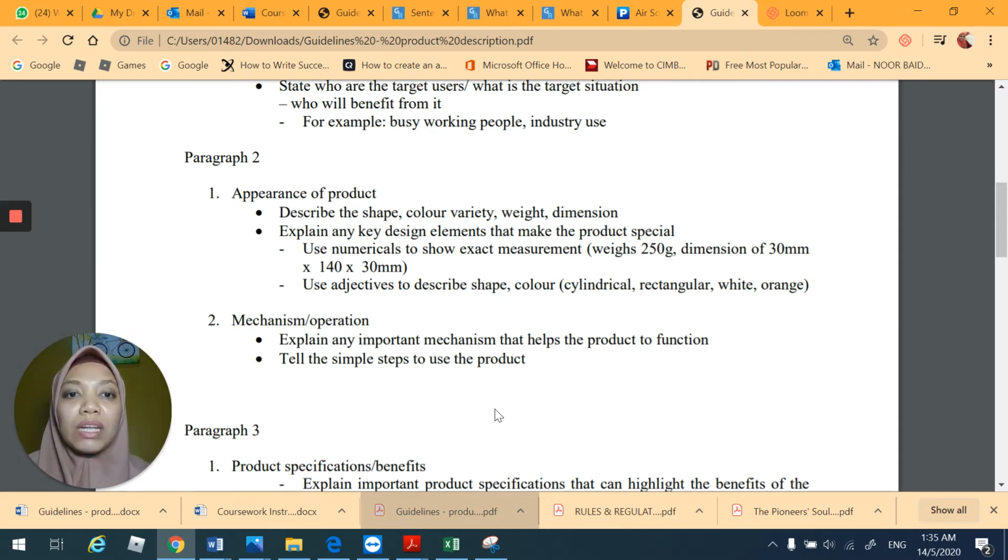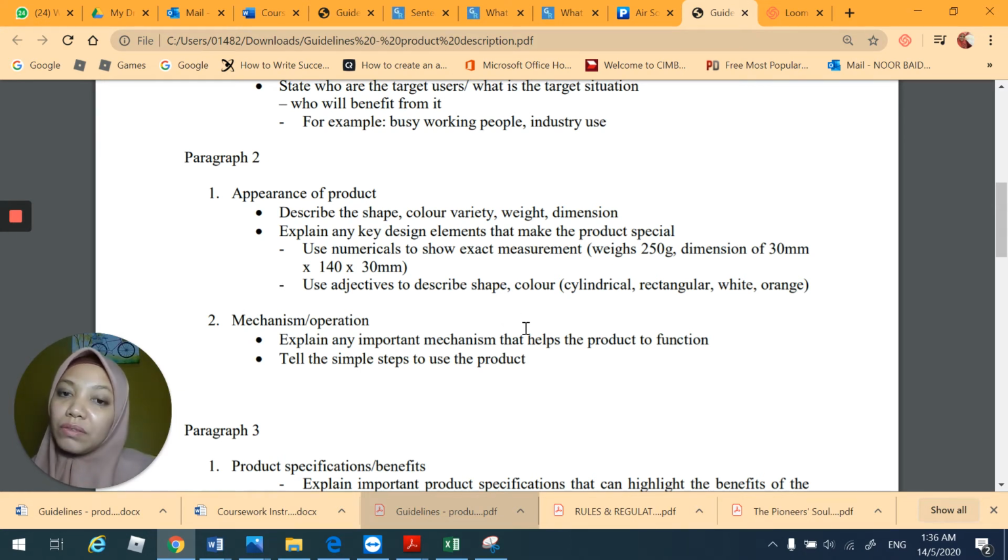You don't only mention it as a big vacuum or a lightweight vacuum. You have to mention the weight so that people can have a clearer picture. Explain any key design elements that make the product special. If you're saying that it's lightweight, mention the exact measurement with the exact unit, like millimeters.